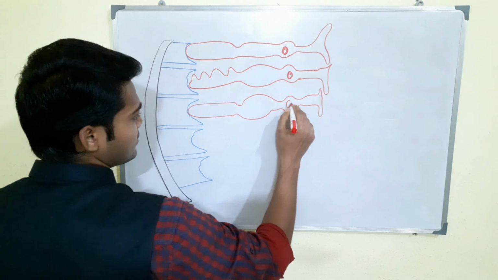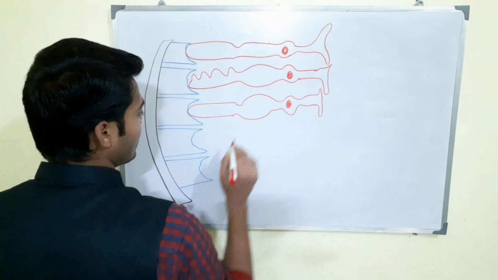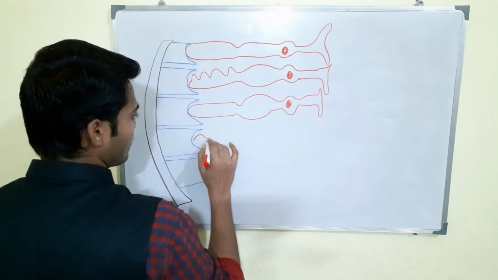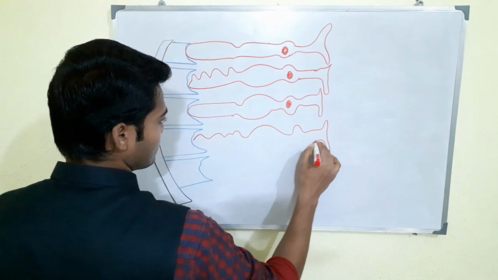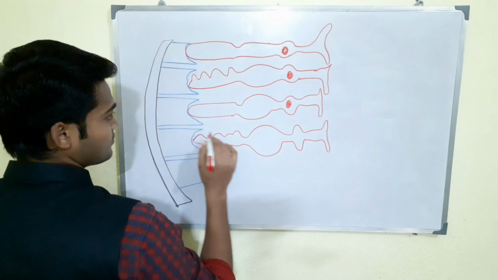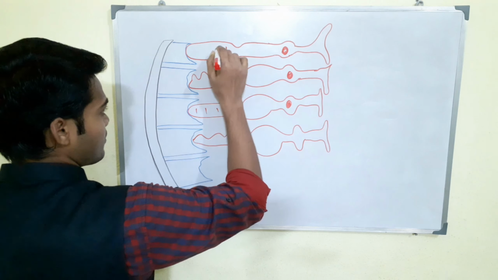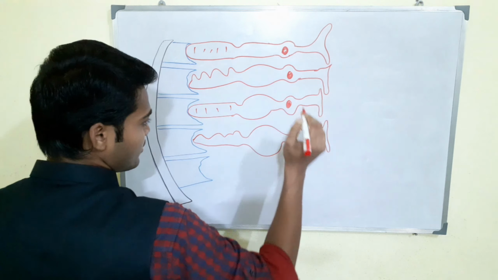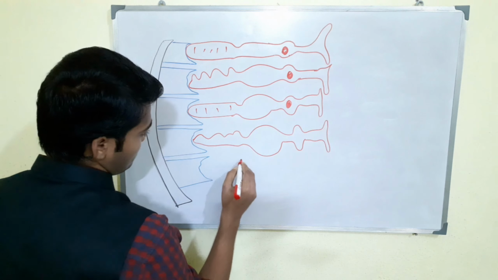This is the nucleus of this layer. Now here again a cone cell. This is a nuclear layer, this is a pedicle, and if this is a rod cell, then this is a spherule, or commonly we also call it the synaptic terminal.